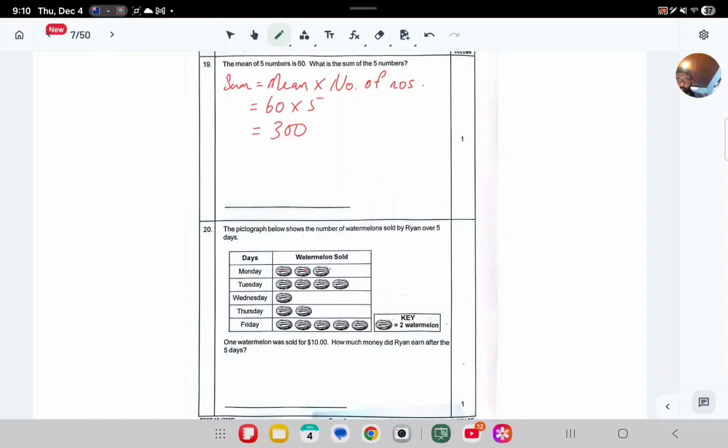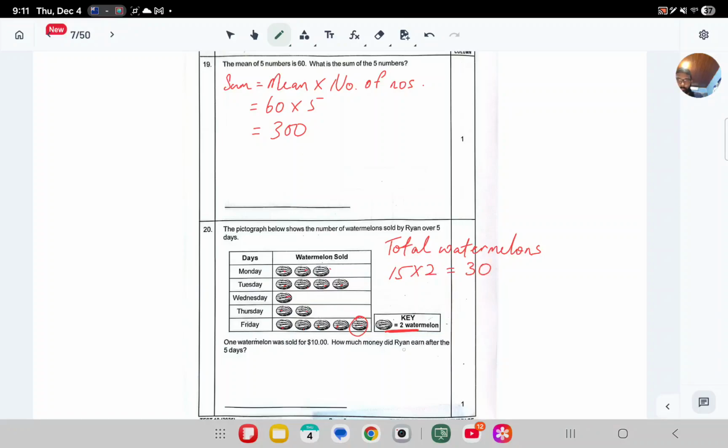So we count 1, 2, 3, 4, 5, 6, 7, 8, 9, 10, 11, 12, 13, 14, 15. So total watermelons will be 15 multiplied by how much 1 symbol represents, which is 2. So 15 by 2 is equal to 30 watermelons.